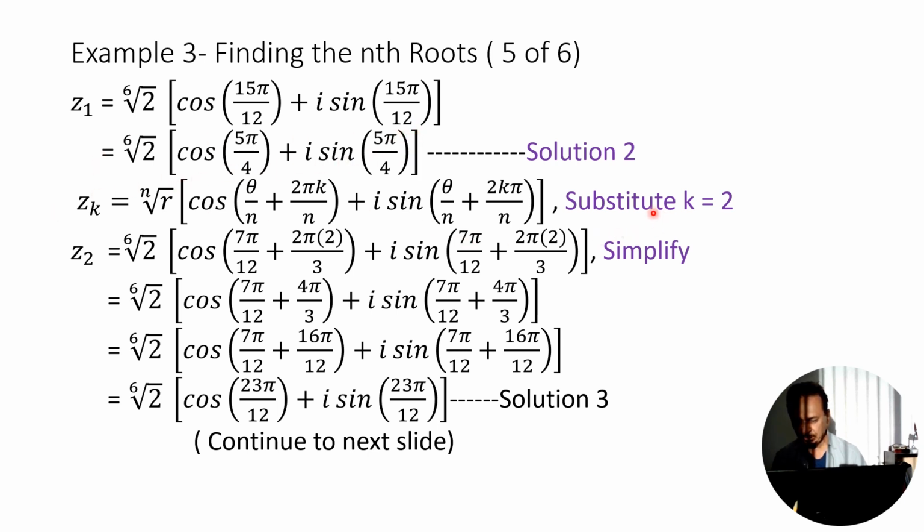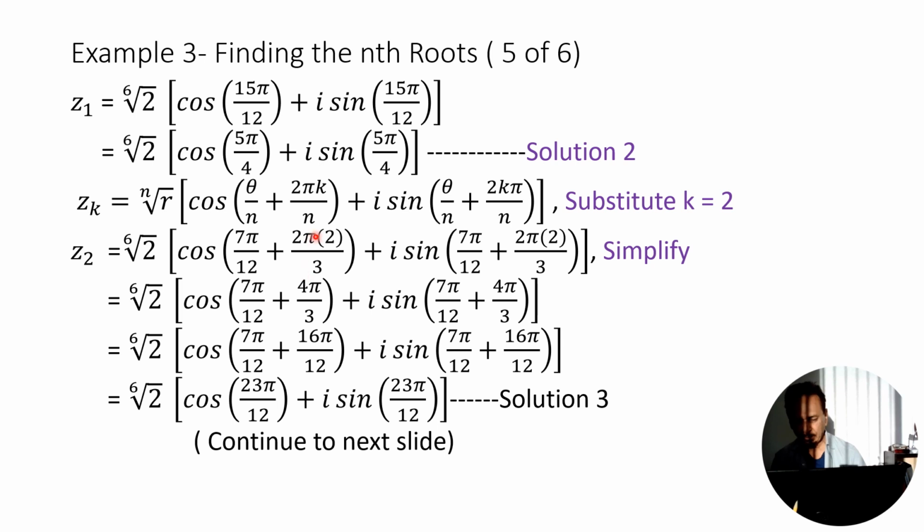To find solution number 3, substitute k equals 2 in the formula z sub k equals nth root of r times cosine of theta over n plus 2 pi k over n, plus i times sine of theta over n plus 2k pi over n. So this becomes z sub 2 equals sixth root of 2 times cosine of 7 pi over 12 plus 2 pi times 2 over 3, plus i times sine of 7 pi over 12 plus 2 pi times 2 over 3.